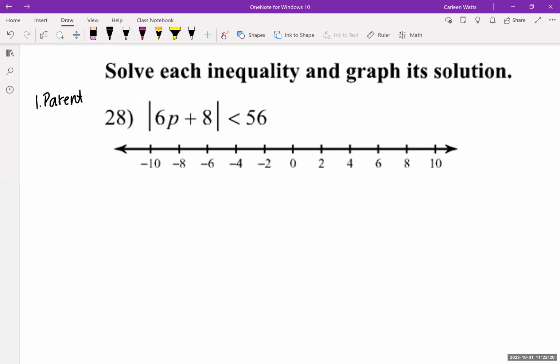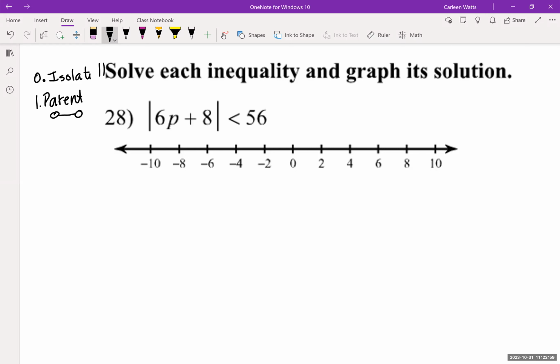So the parent graph, is this more is or less is nest? Nest, right? So this is less is nest. Notice that's not equal to, I'm expecting this is what my graph is going to look like. Step 0 is isolate the absolute value, but I didn't have anything to do there. Future problems. Does everybody see how I got that parent graph?